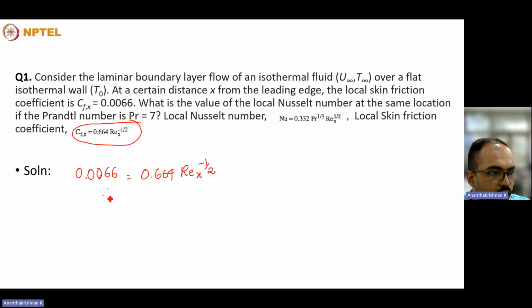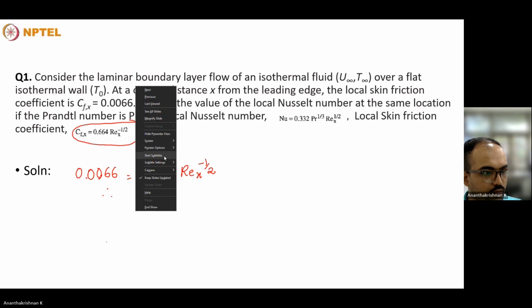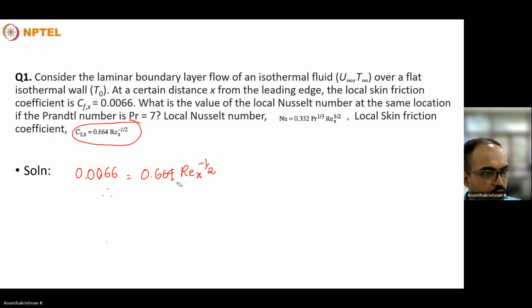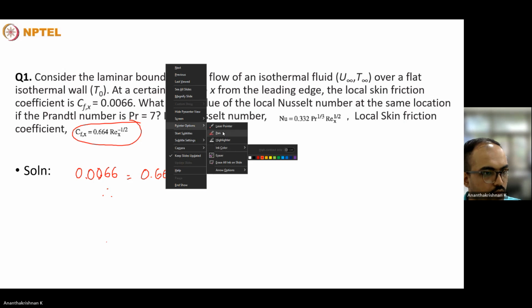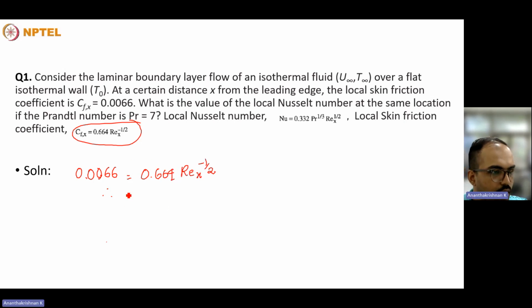From this, we can calculate the value of the Reynolds number. The local Reynolds number is equal to 1.1 into 10 power 4.